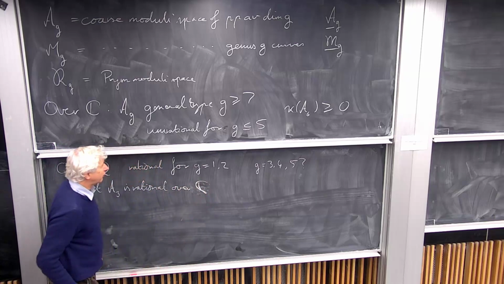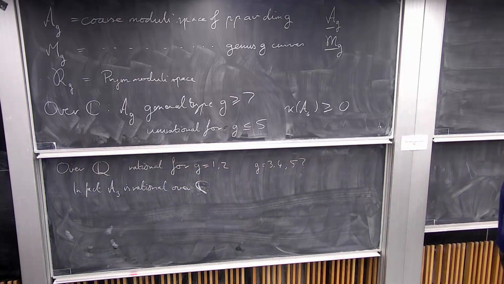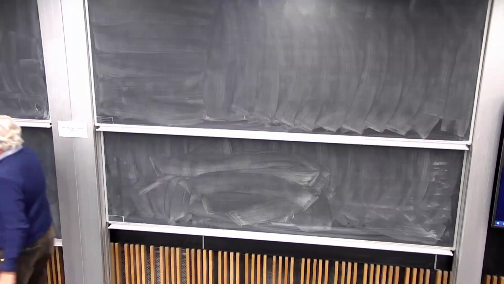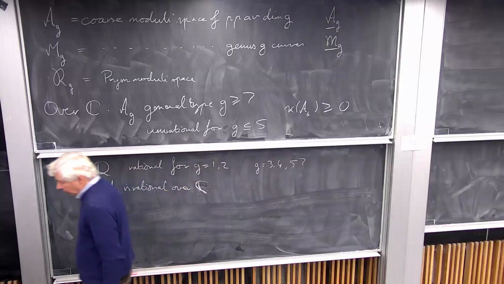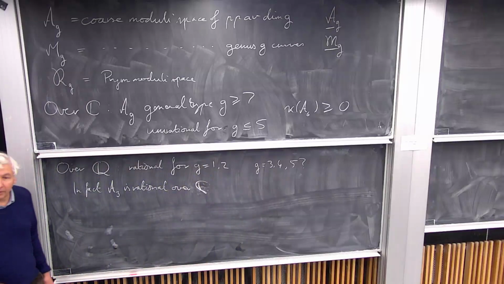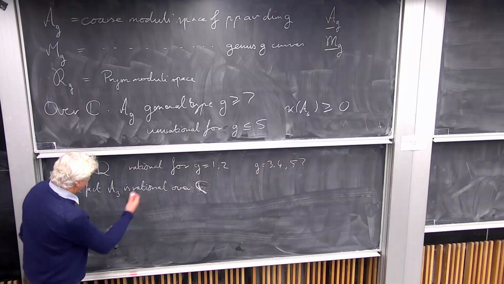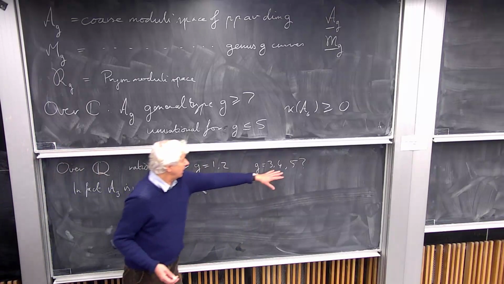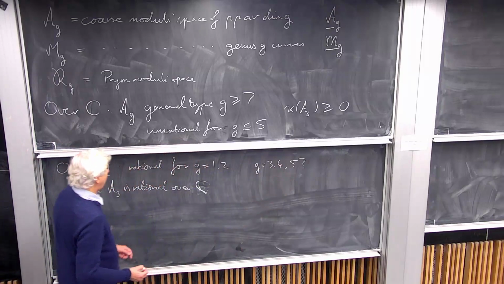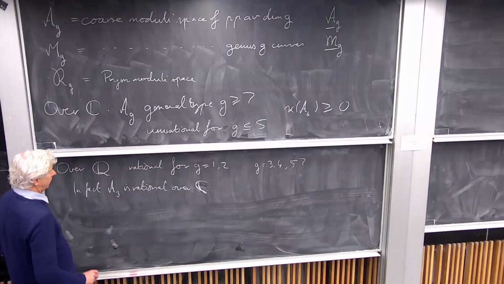So I could ask about unirationality over Q for g equals 4 and 5. And for g equals 3, I'd like to know unirationality, but one could ask for finer results than that, at least some hope. We don't know anything about whether A4 and A5 are possibly rational over C. We don't have any further information about that.